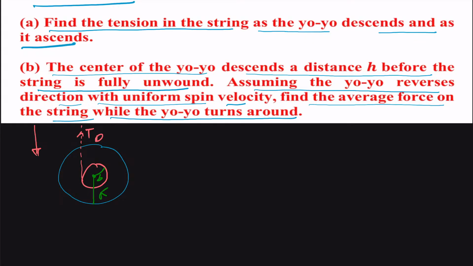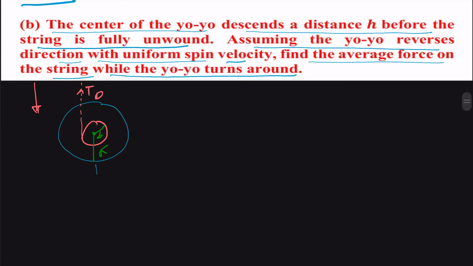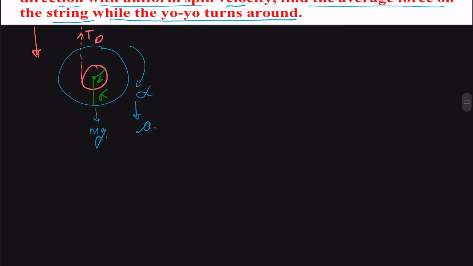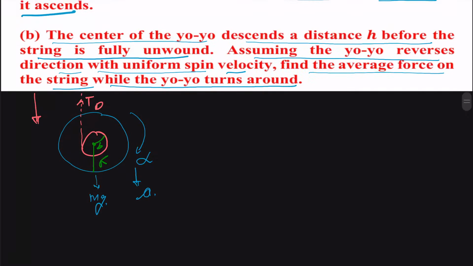There will be mg acting downward, and let us assume that it is rotating with angular acceleration alpha and moving with acceleration a in the downward direction. We are going to solve the descending part first, and then we come back to the ascending part.